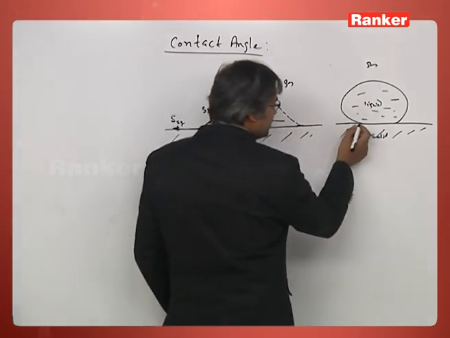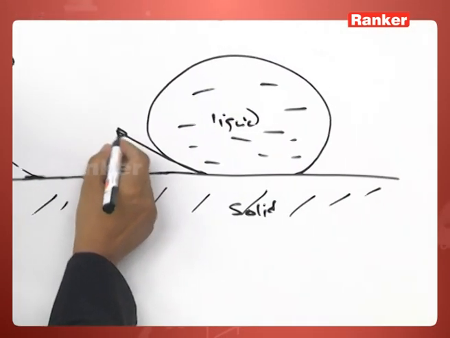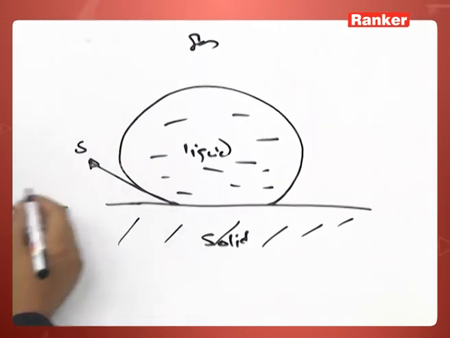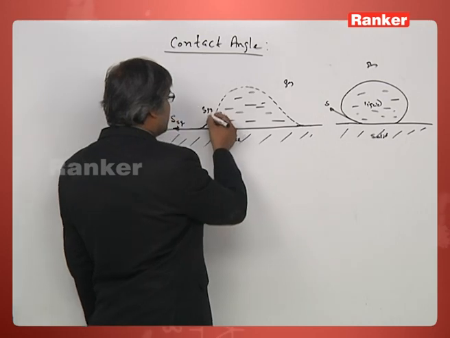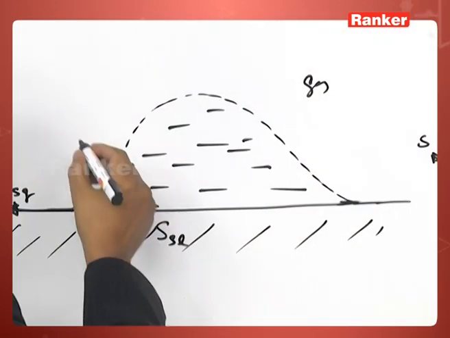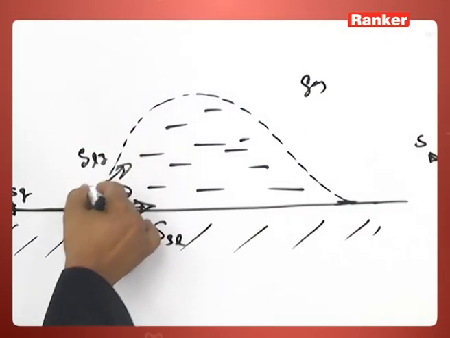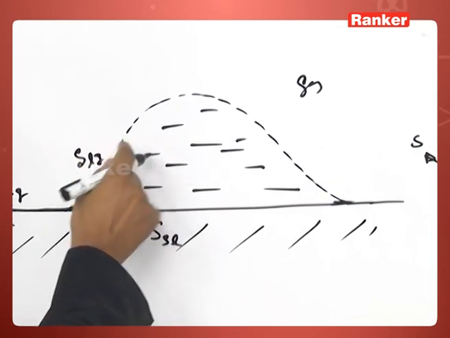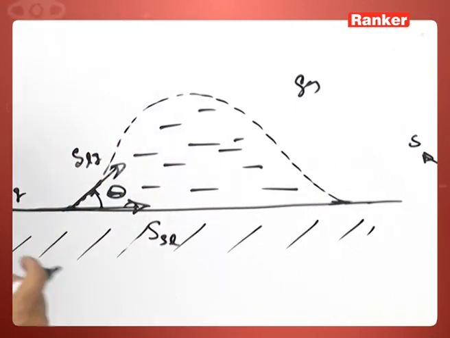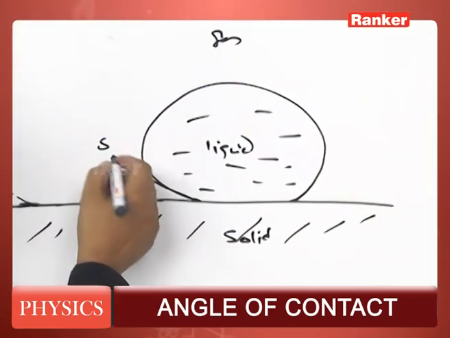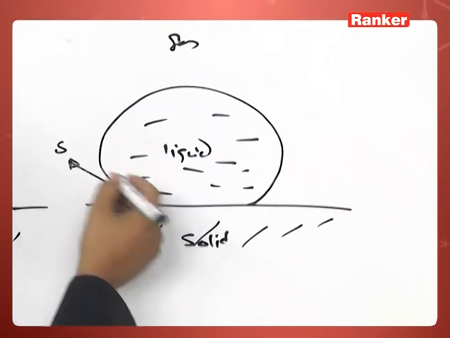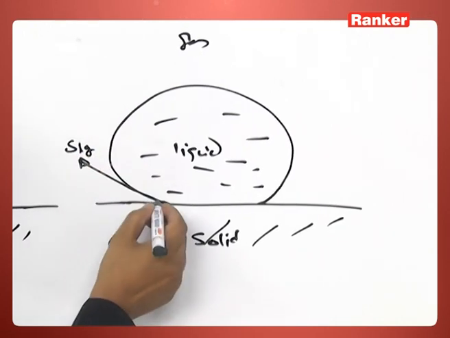In this case, you see, this is the surface tension force S. So, this is not the force, this is the surface tension S_LG. If I want to denote it by a force, I have to use the length also. So, S into L is the total force. For this surface, the surface tension will be liquid and gas in contact.